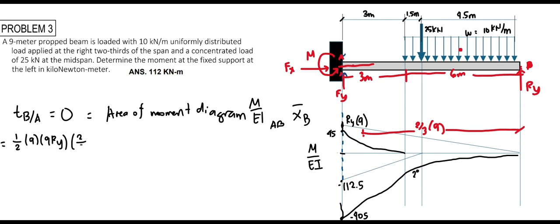And then for the parabolic curve, there's an area equal to 1/3 times a base of 3 meters times a height of 45, multiplied by its moment arm distance equal to 9 meters minus 1/4 of the base, that is 1/4 times 3 meters. We get the distance going from the centroid of this parabolic curve to point B.